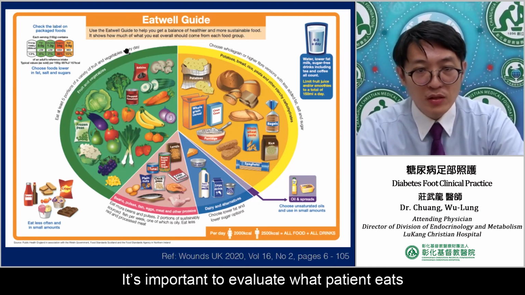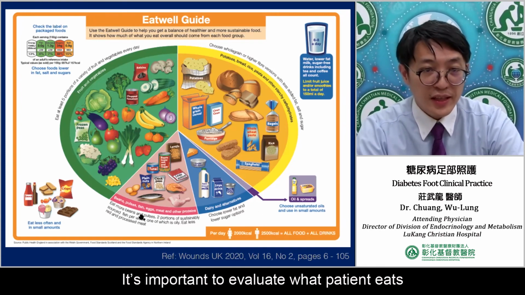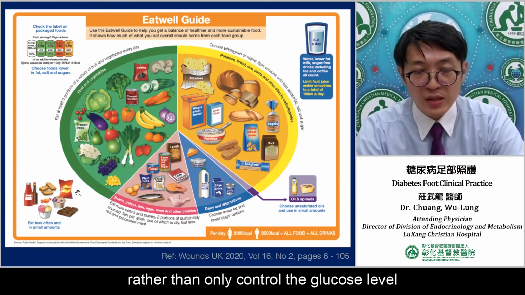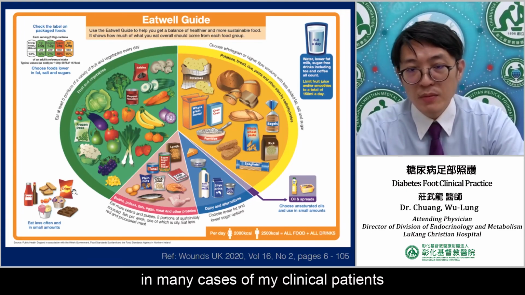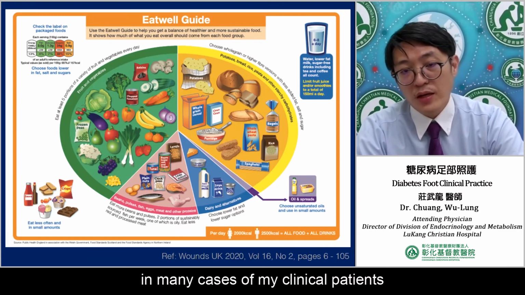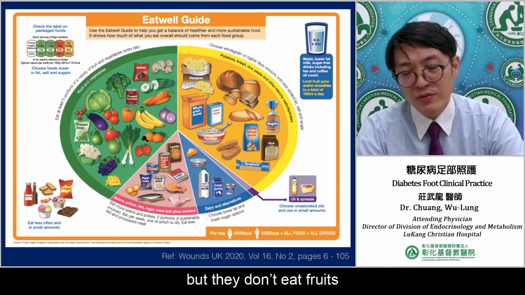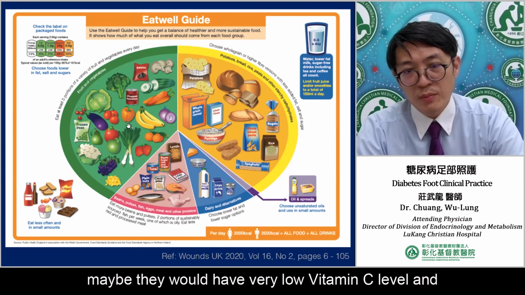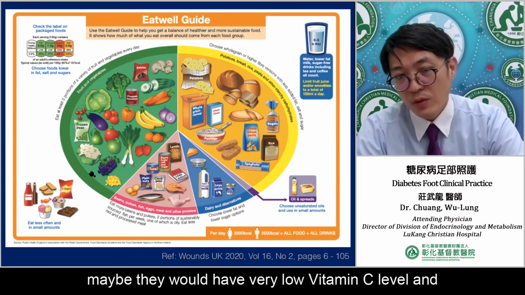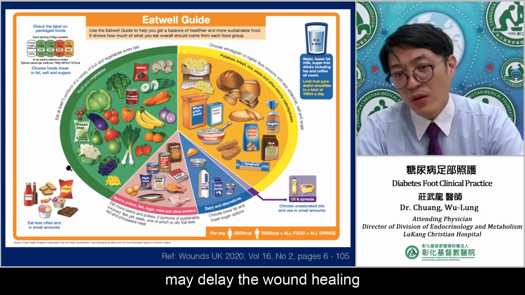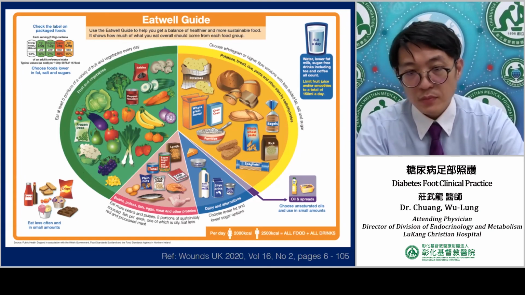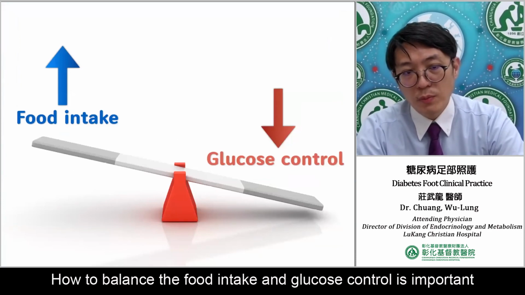So it is important to evaluate what the patient eats rather than only control glucose level. In many of my clinical patients, some of them have very good glucose control, but they don't eat fruits. So maybe they have very low vitamin C level, and low vitamin C level may delay wound healing. So how to balance the food intake and glucose control is important.